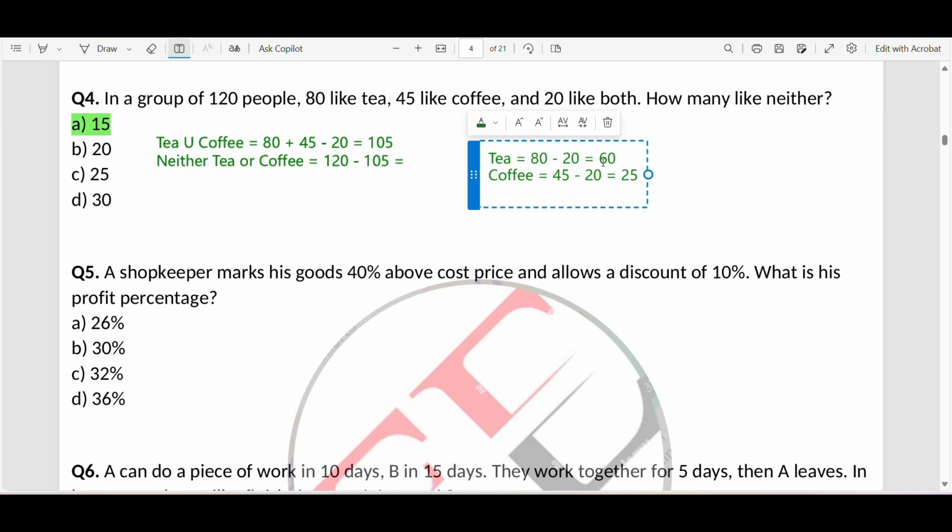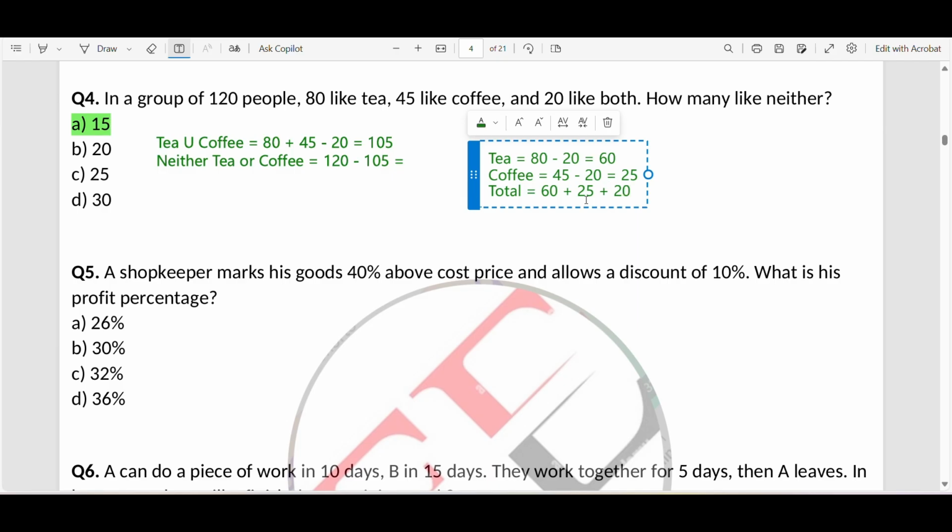So this is the count of people who only like tea, who do not like coffee, and for coffee, this is the number of people who only like coffee but do not like tea. So now, the total people who like tea or coffee: 60 like only tea and 25 like only coffee.